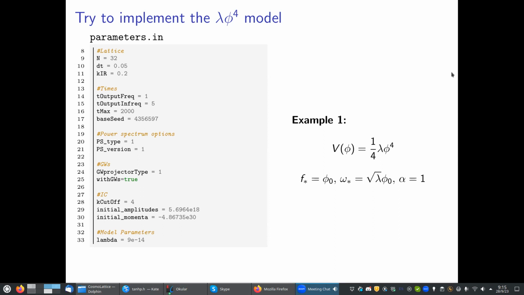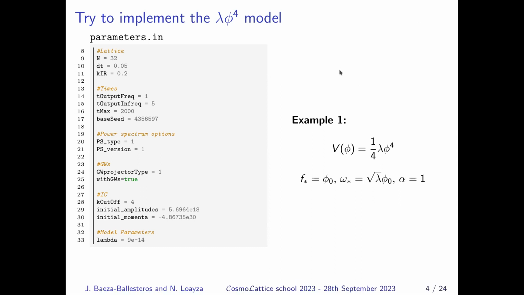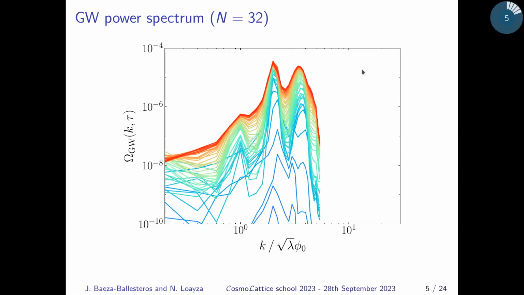For example, for the field amplitude, you will get a dimensionless value in the average of the scalar field output parameter. But you can always multiply it by f star, which is usually the initial field amplitude, to get the result in GeV.